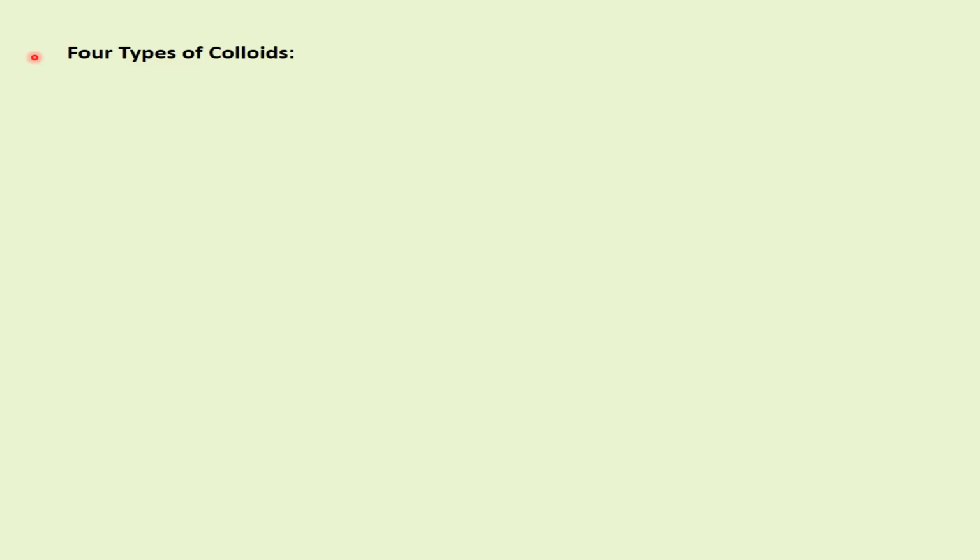We've looked at some different types of solutions. We mentioned a couple of types of suspensions. Let's now focus on various kinds of colloids. I'll list them briefly first, and then we'll look at specific examples. There are in fact 4 types of colloids. There are foams, in which a gas is dispersed in either a liquid or a solid.